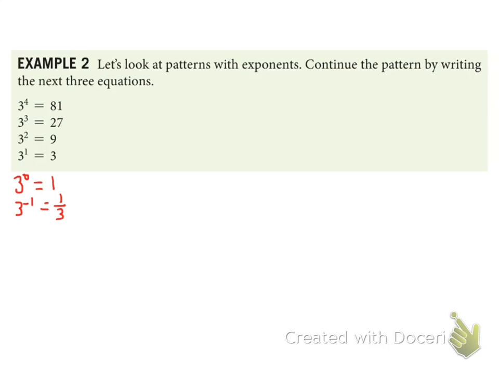Let's look at the right side a little bit closer. What are they doing as they go from one row to the next row? How do they go from 27 to 9 and 9 to 3 and so on? Divide by 3. Okay. What do you think the next row is?